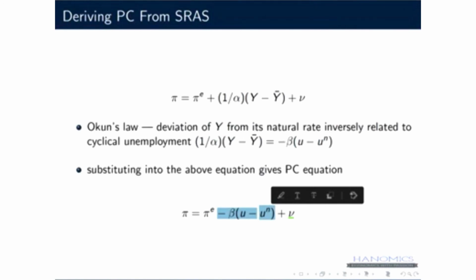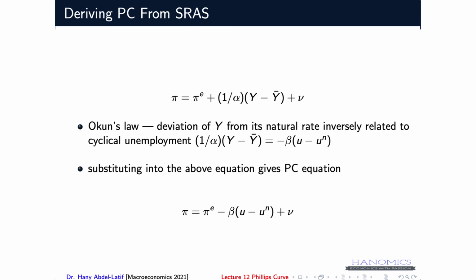So this is very close to the original Phillips curve, or relationship, that was observed by Phillips in 1958 and was confirmed by other people afterwards.